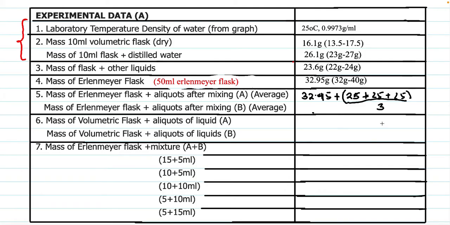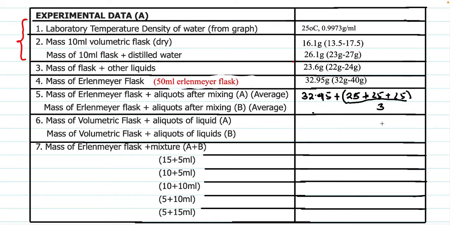If you do that calculation, this is 25 times 3 divided by 3. That gives you 25 plus 32.95, which is 57.95. Now the 57.95 is basically the mass of the LeMaitre flask plus the mass of the average of the liquids after 3 times. Remember, average means for the 3 times you're going to divide it by 3.